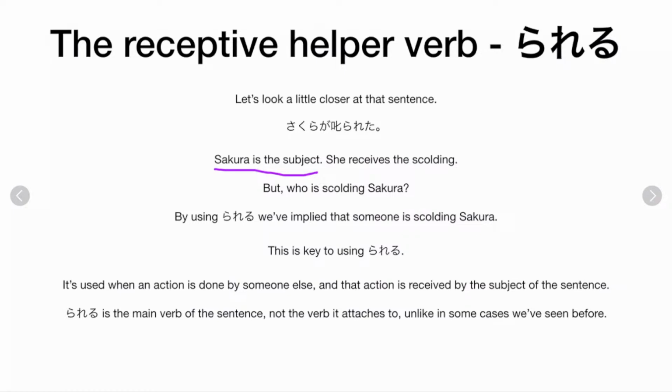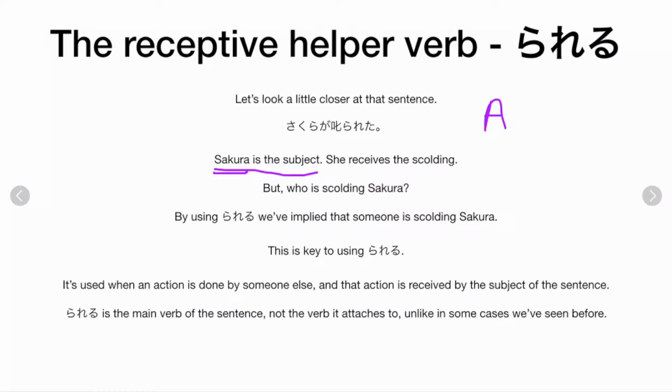So you get the action of whatever it is, in this case being scolded. So someone else does the verb, and then the subject of the sentence, in this case Sakura, receives that action. And so Sakura is the subject, and whoever else it is a different part of the sentence.